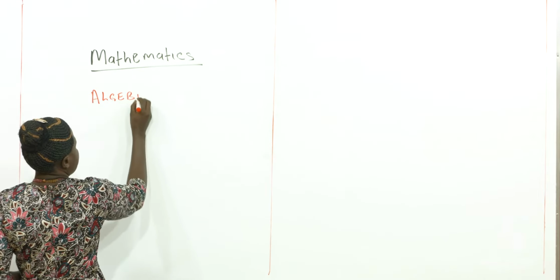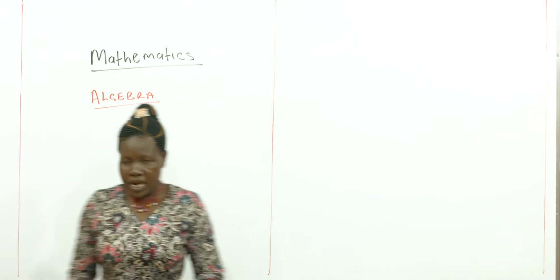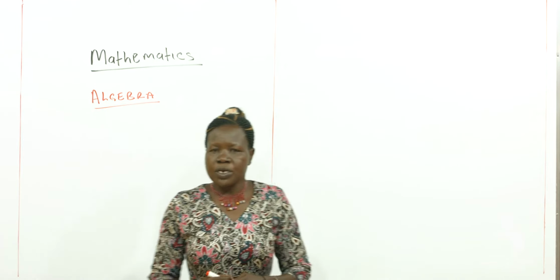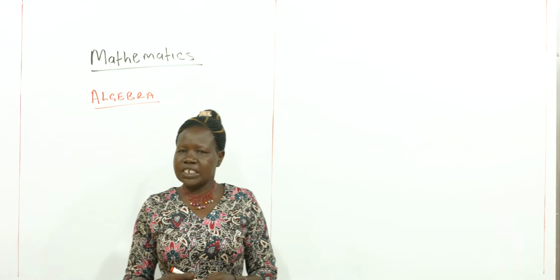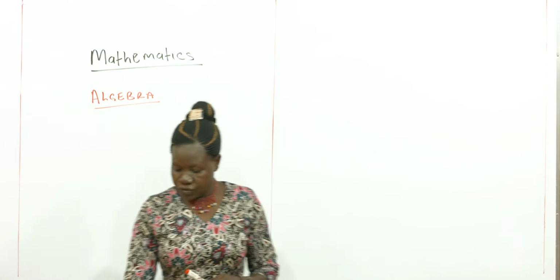Under algebra, we are going to look at what we call the equations, and specifically for the level of Senior 3 and Senior 4, we dwell on what we call the quadratic equations, because in Senior 1, Senior 2, you might have covered what we call the linear equations.